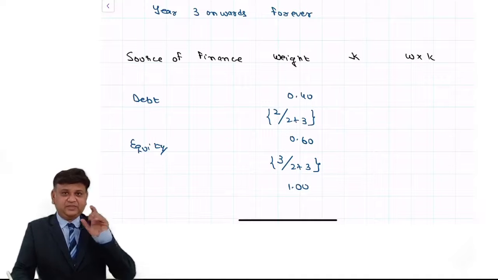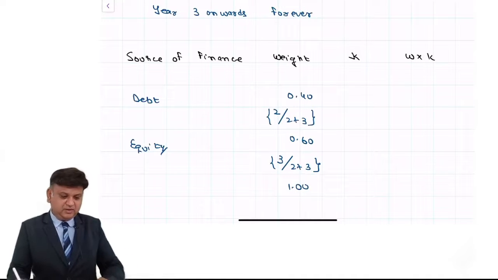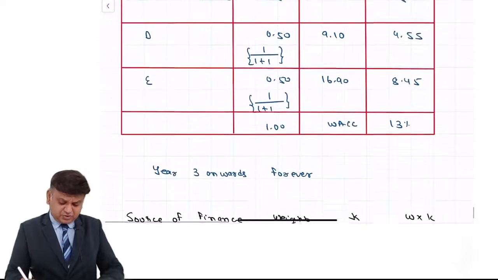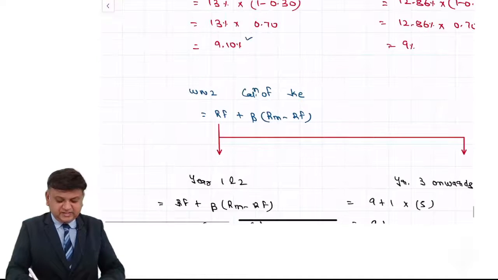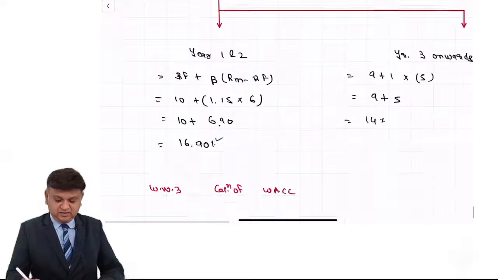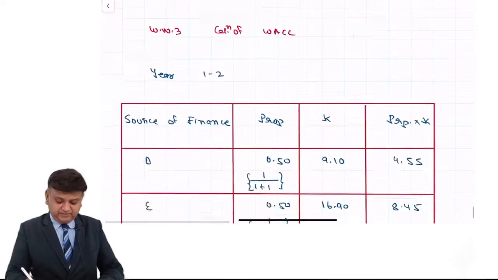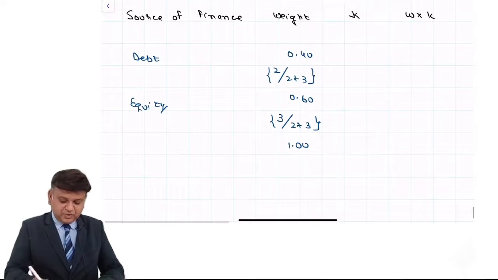That is the way the weights will be bifurcated. Multiplying with the respective cost. As far as the cost of debt financing is concerned, it is 9, and cost of equity is 14.